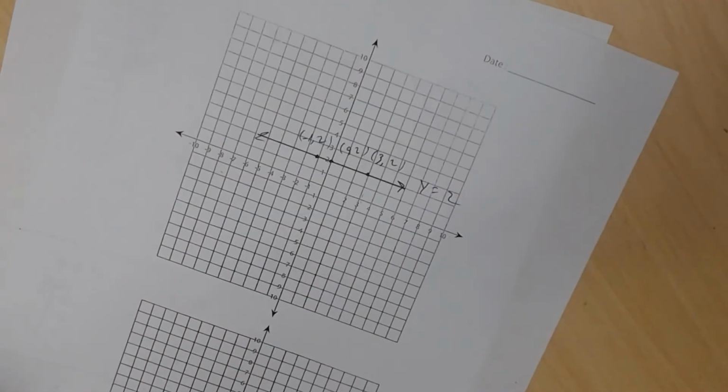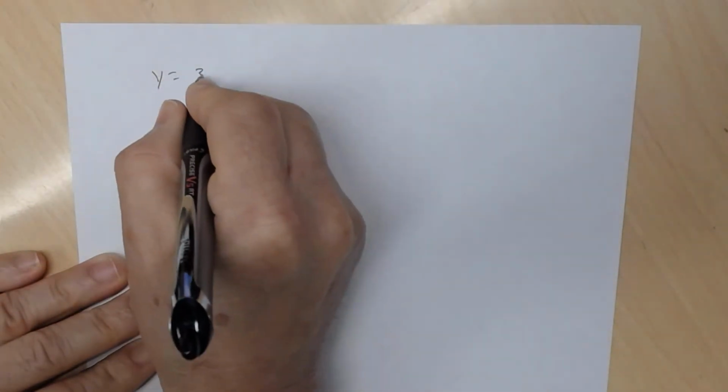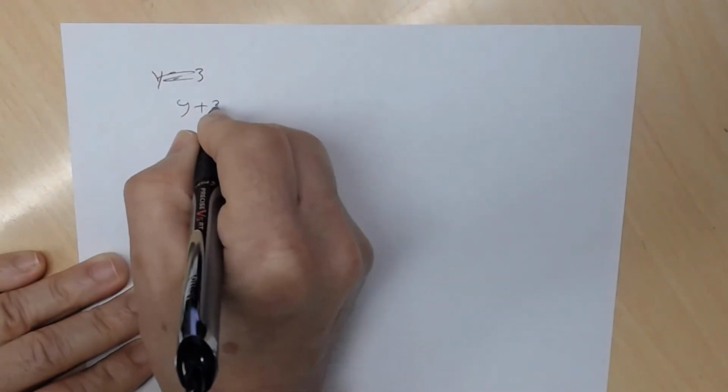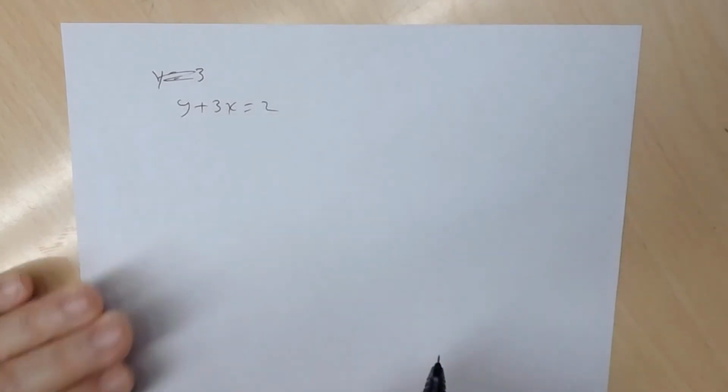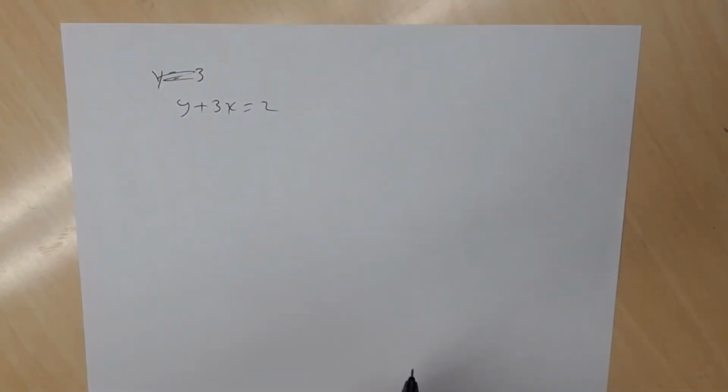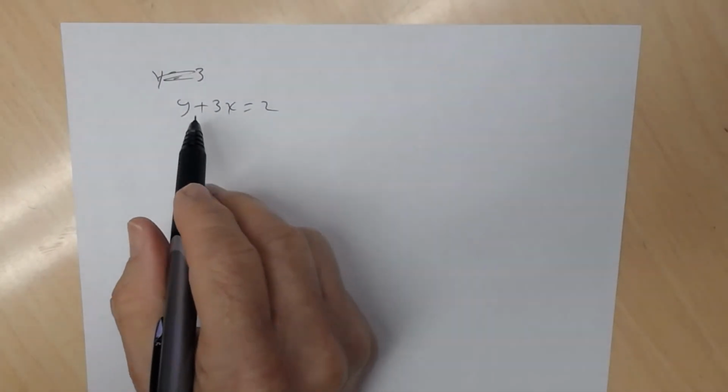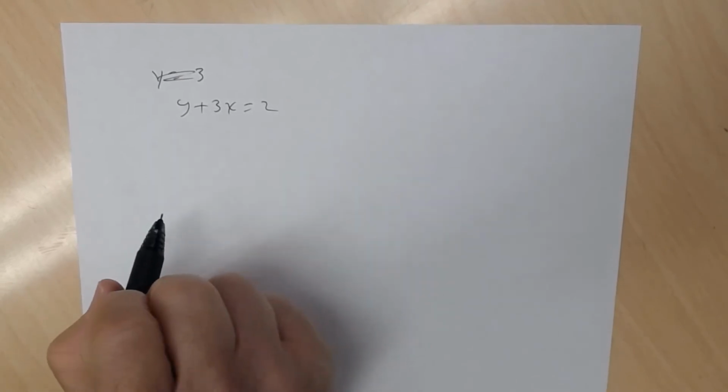Now, let's look at this one. Suppose I had y plus 3x equal 2. y plus 3x equal 2. All right, the way I would do this one is I would just go ahead and get y by itself.